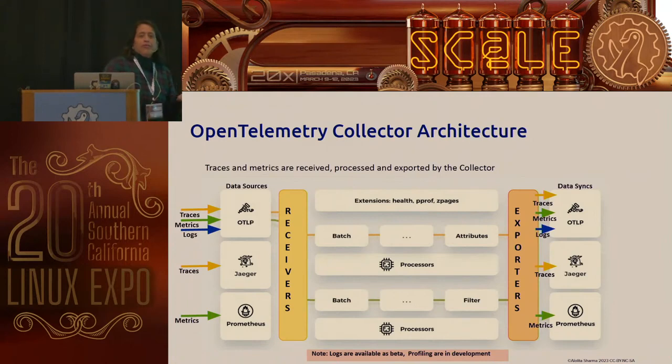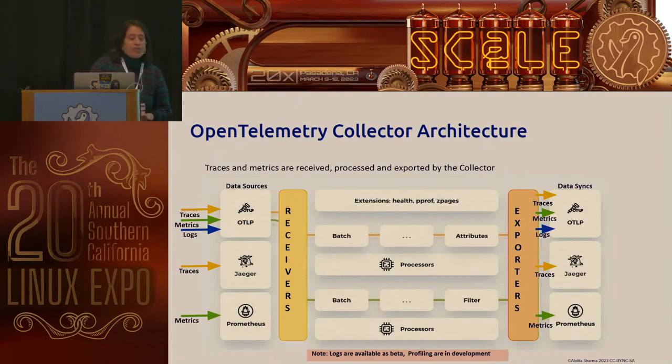Typically, it has 4 types of components: a receiver for receiving different types of data that could be metrics, logs, or traces. Then you have extensions, which are additional components that help you extend or understand the health, for example, of the collector itself.